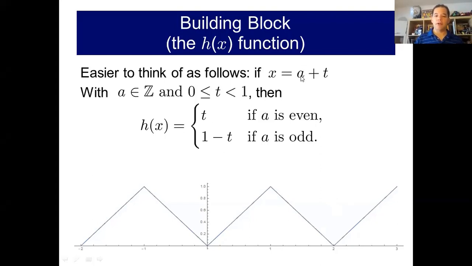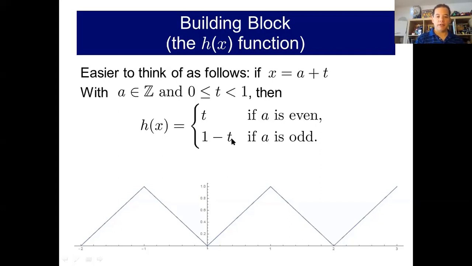For any number, you can remove its integer part, and so write the integer part plus the fractional part. And if the integer part is even, then the answer to the function is simply the fractional part. If it's odd, then it's 1 minus the fractional part.